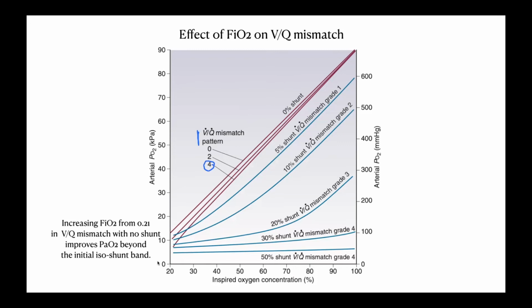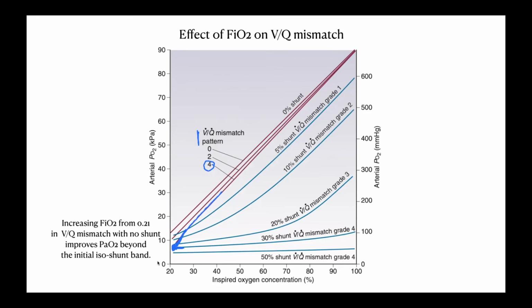If you look at grade 4, that sort of sits on the 30% shunt line or IsoShunt band. But with true VQ mismatch, so no shunt, what you'll find is that you're able to actually improve your partial pressure of oxygen. So you can see it moves beyond the initial IsoShunt band.